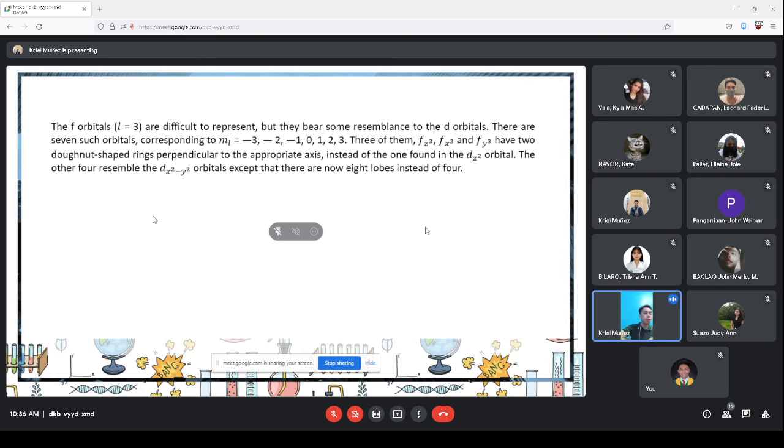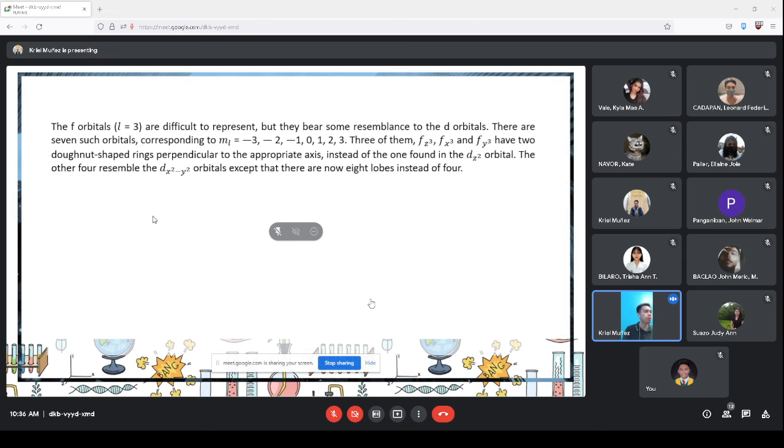For the fz cube, fx cube, and fy cube orbitals, they have donut-shaped rings perpendicular to their axis. Two. So for example, for z cube, you have two donuts, above and below, not lying on the xy plane.